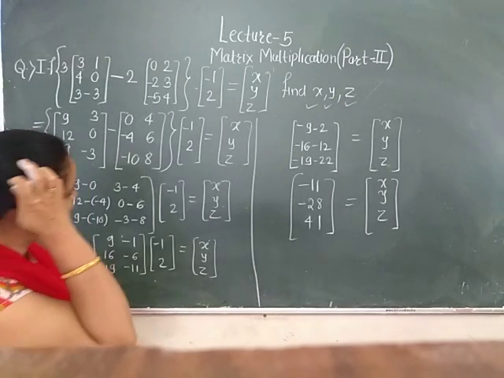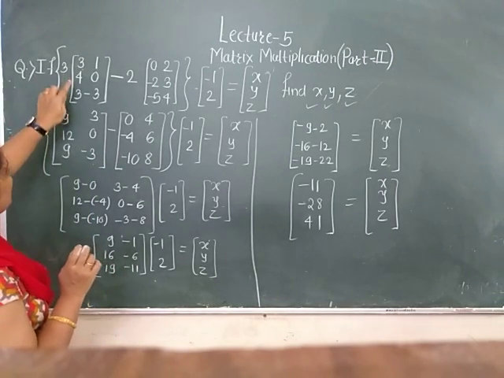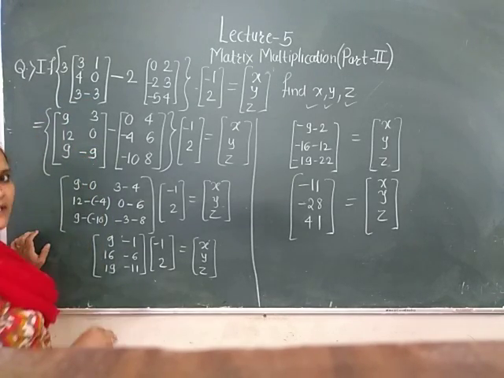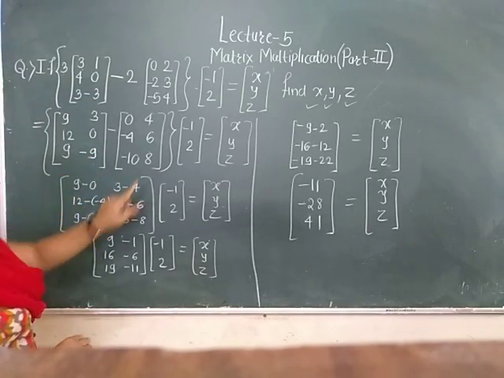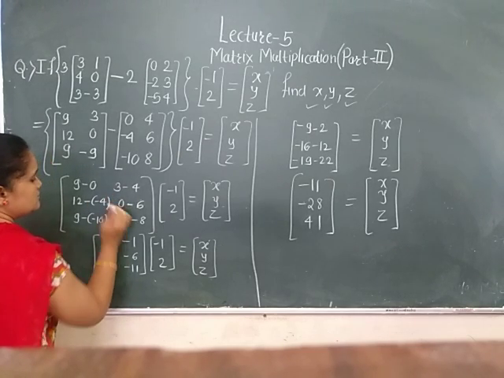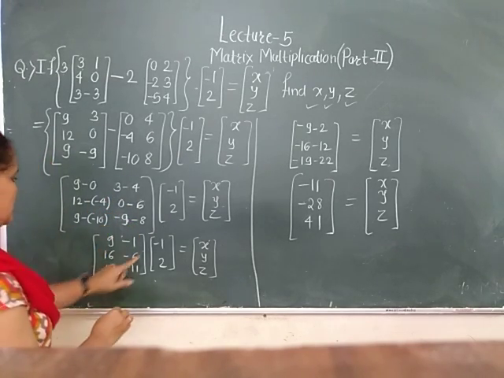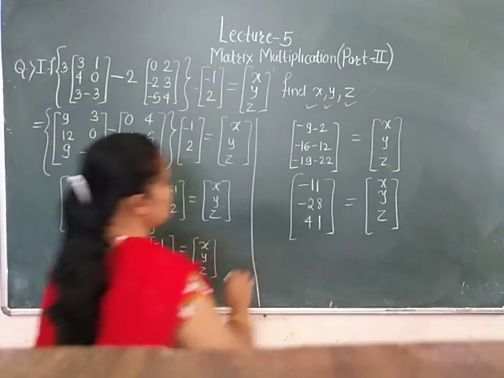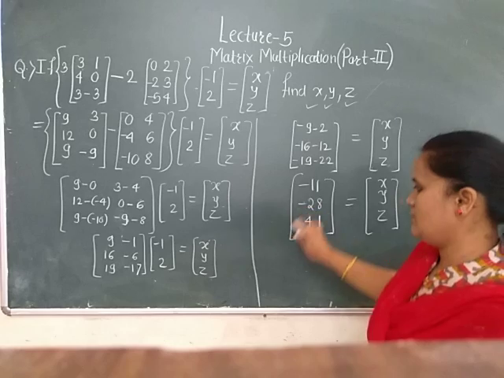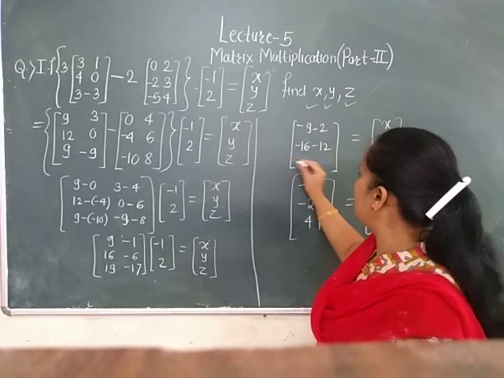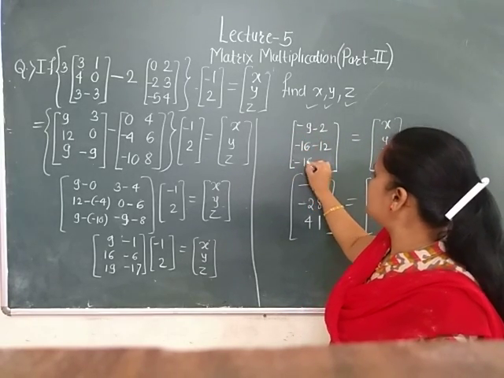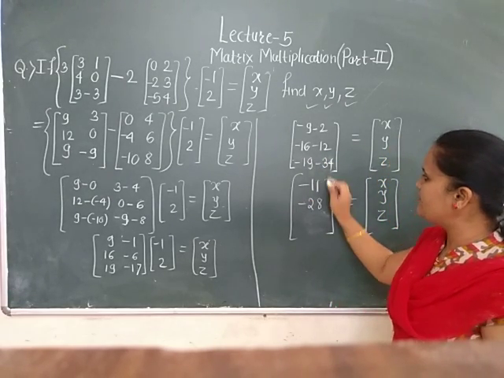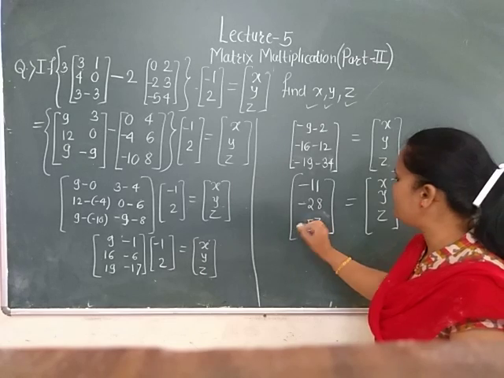Okay, so in this question there is some mistake. 3 into minus 3, I should have written here minus 9, correct? After that, this minus 9 minus 8, it becomes minus 17, and here it should be minus 19 minus 34, and our final answer will be minus 53.